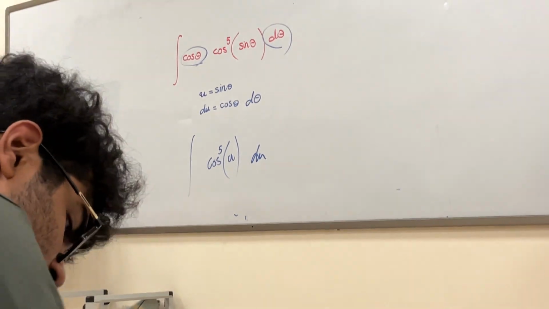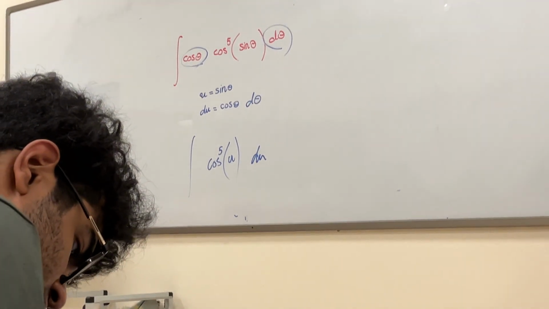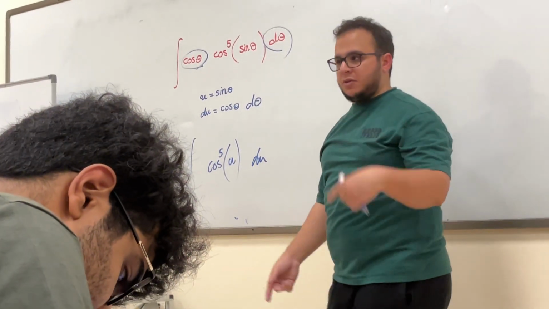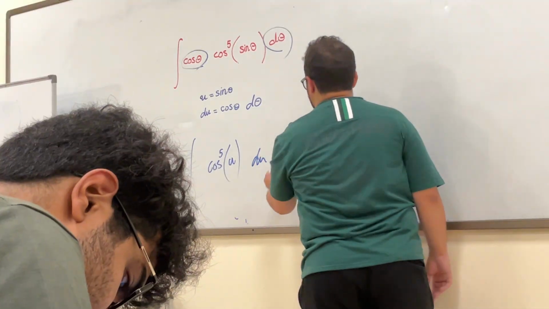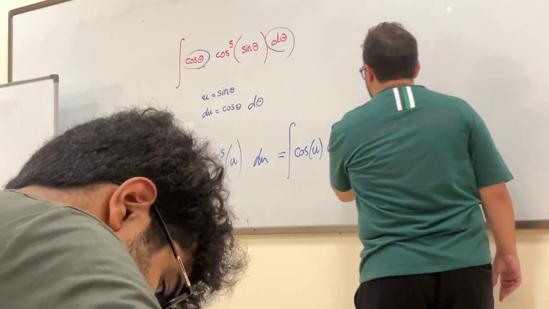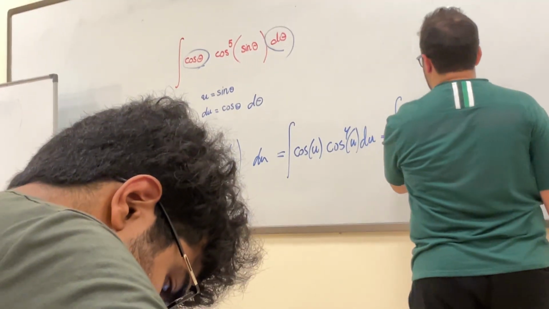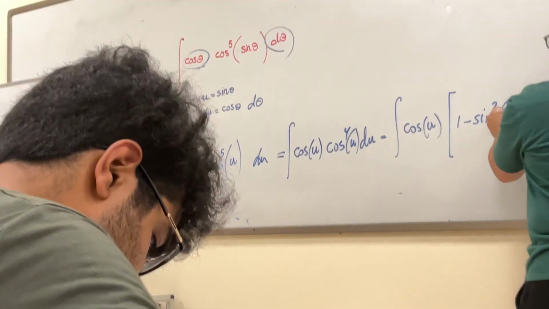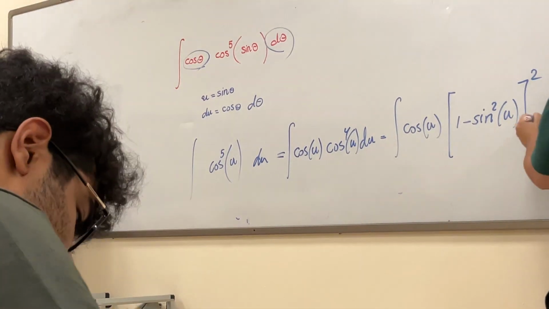When you have an odd power, do both functions have to be there? No. Fine. This is an odd power, so take one piece of the odd, and then replace the rest by its identity, right? What's cosine squared? It's 1 minus sine squared. That's cosine squared, and then all squared.